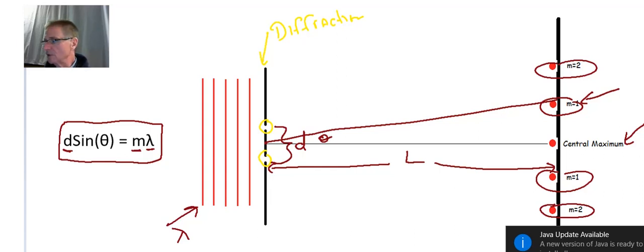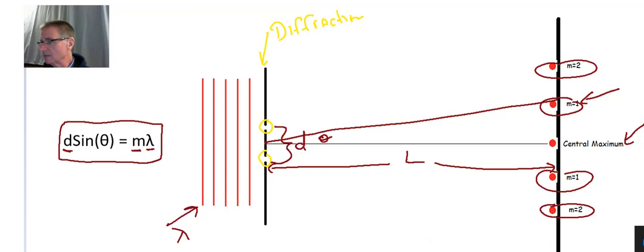Okay, and we don't need a Java update, so we'll get rid of that. Theta is simply the angle that is in this triangle here. So those are all the variables that make up the equation.